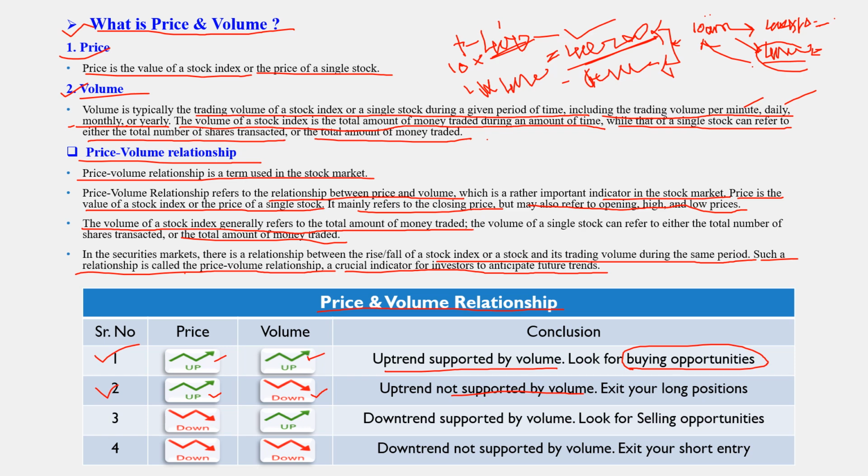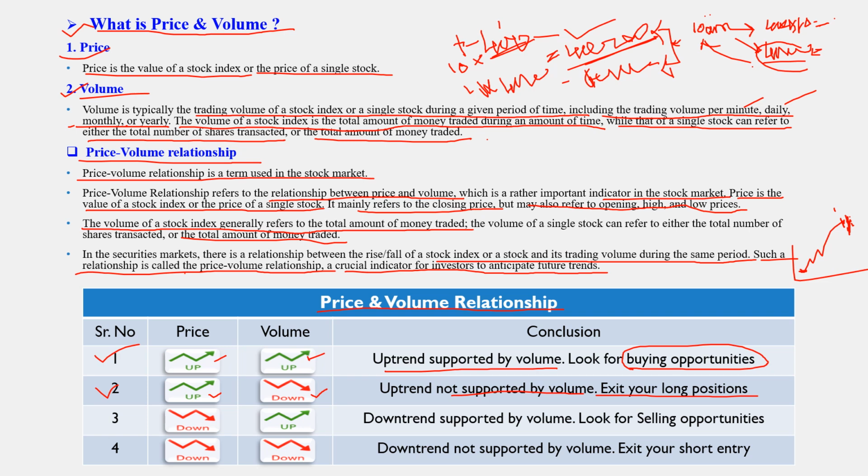We already bought this stock at this position, and here the price will go up but volume will be low, so we can exit the long position. Through this analysis, when price is going up but volume is low, that is the time we can exit our long position.